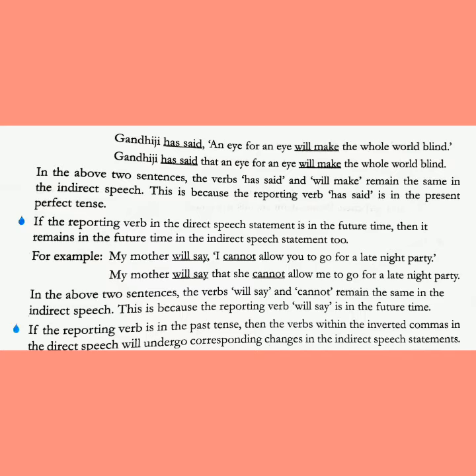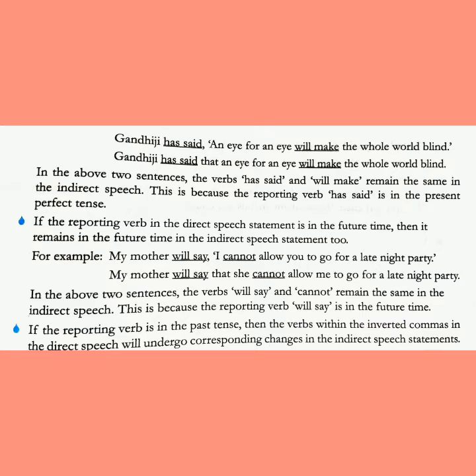Second, if the reporting verb in the direct speech statement is in the future time, then it remains in the future time in the indirect speech statement too. For example: My mother will say, "I cannot allow you to go for a late night party."